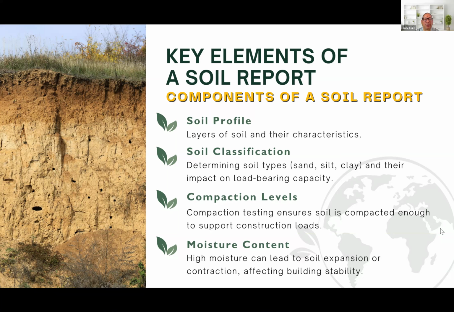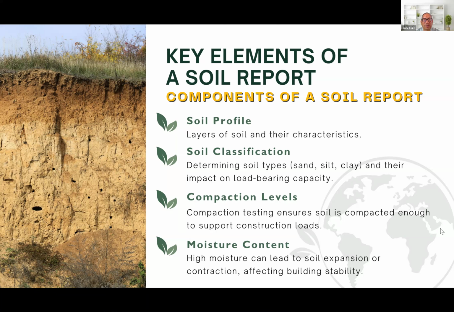The compaction basically forces the soil to be more solid, and then you can build your foundation or footing on top of that. High moisture content can lead to soil expansion or contraction, affecting building stability. So if your house is built on expansive soil, when it rains, the soil is going to expand, and then when it dries out, it's going to contract.